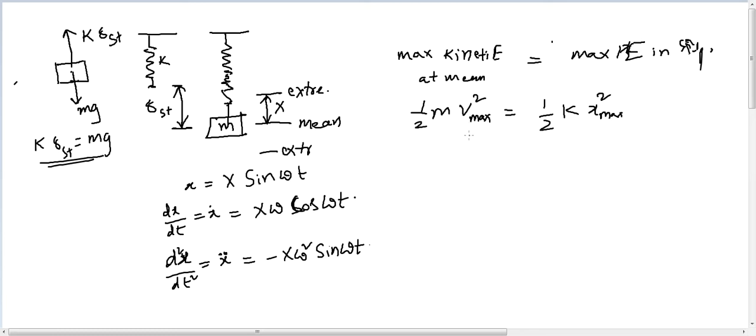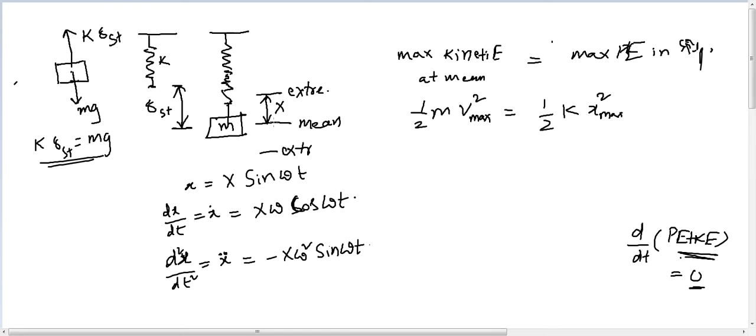Okay, these two must be equal, because at whatever location the sum of the kinetic energy and potential energy is constant, so the derivative of PE plus KE must be 0. If you differentiate a constant, you get 0.